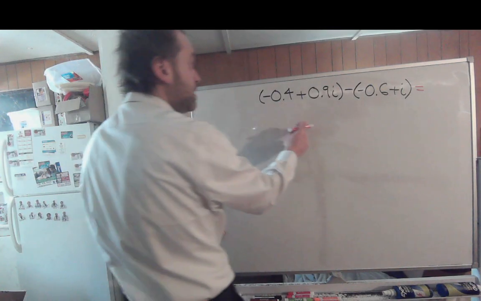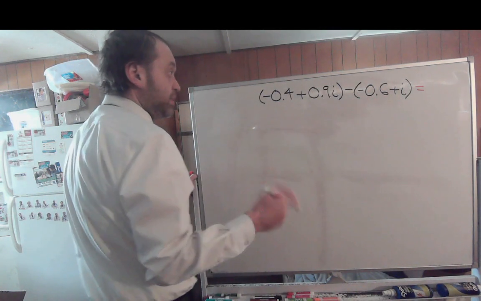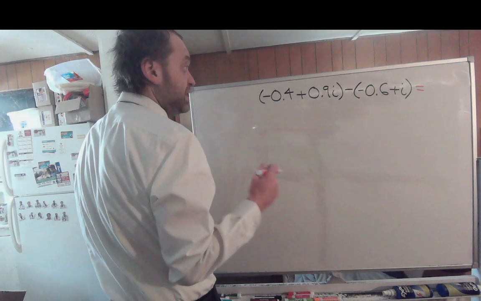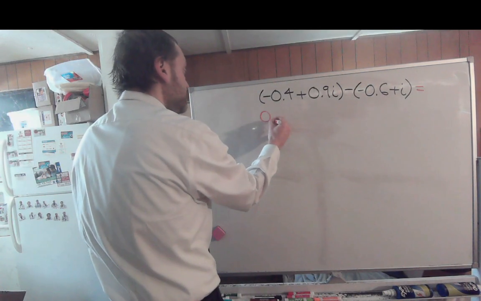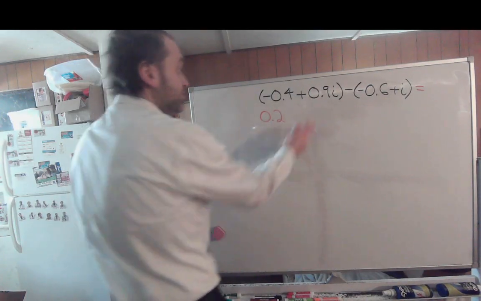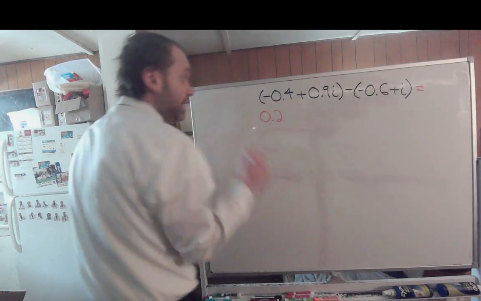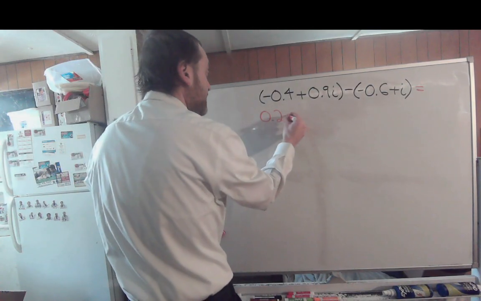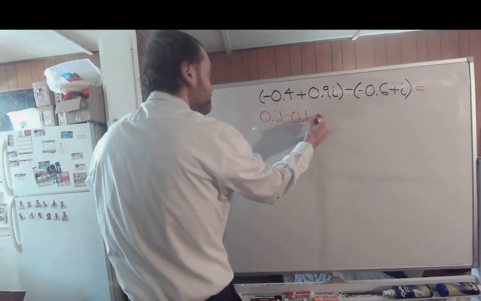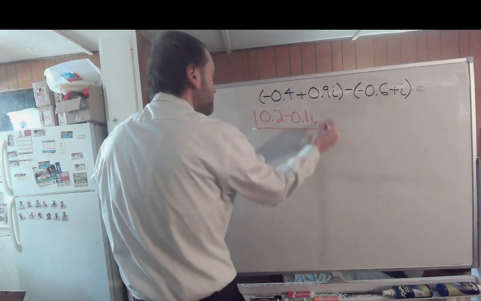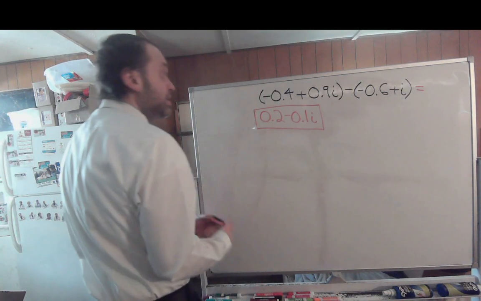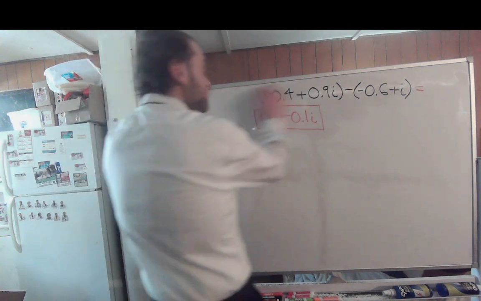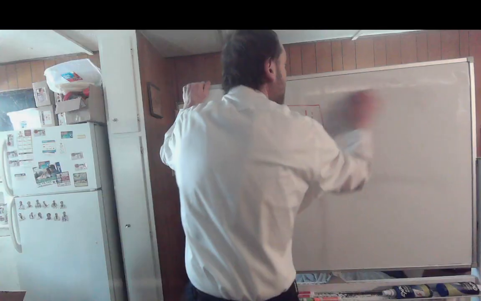So collect your like terms. Negative 0.4 minus negative 0.6, that turns into negative 0.4 plus 0.6, which would give you 0.2. Then you have 0.9i minus i. Well, that'd be minus 0.1i. So the complex number you should get would be 0.2 minus 0.1i. So yes, we can have these with fractions and decimals. You'll have that sometimes.